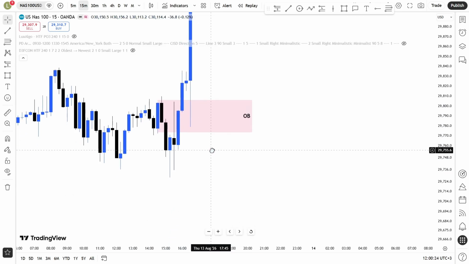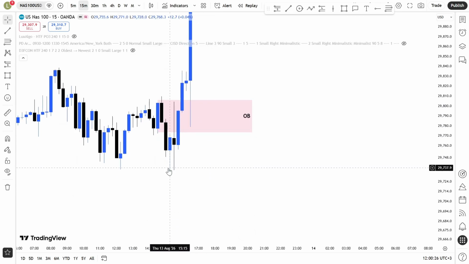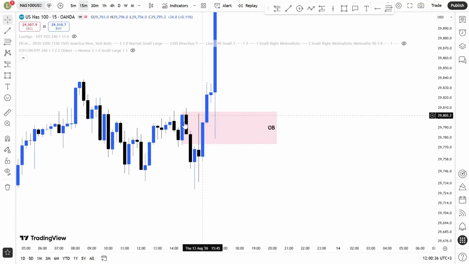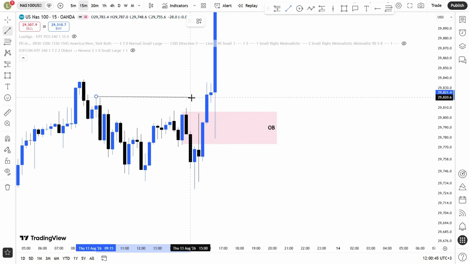It's supposed to sell. What happens? Price comes down, retraces back into the candle, and we see it creating this sell here. But it's short-lived. What happens? It now comes and closes above this level here, printing for us a clear break of structure.